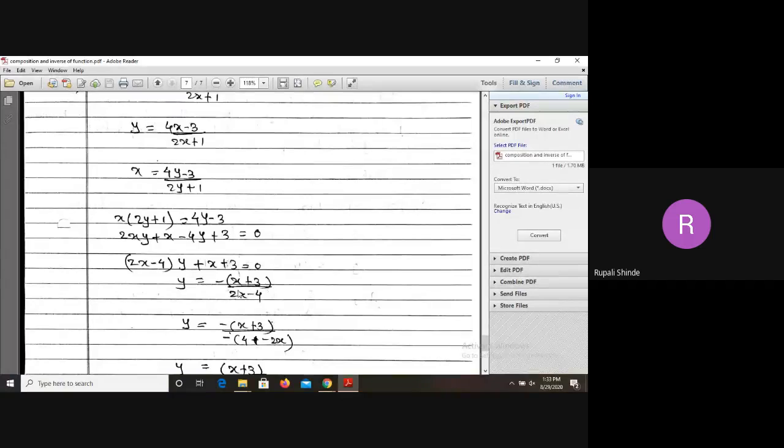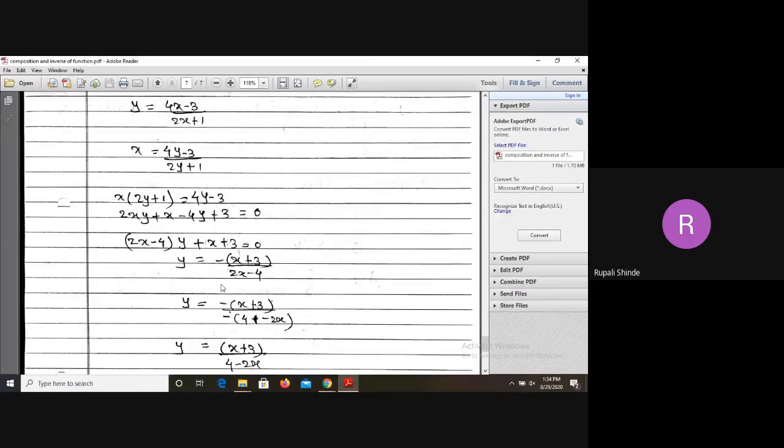Now suppose I want to change this minus sign to plus sign. So here I can change it as minus in bracket 4 minus 2x. What I did, just I have kept this minus sign common outside the bracket. Now if you apply, again you will get the same term as minus 4, this minus minus becomes plus, so plus 2x.